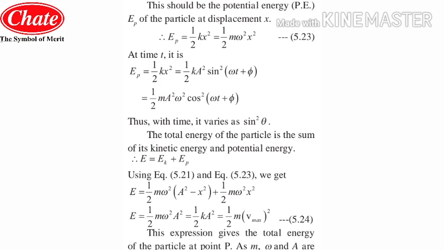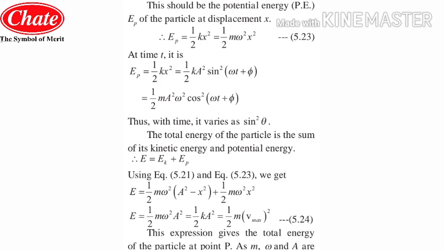Now we will add equations 5.21 and 5.23. We will get E is equal to half m omega square into (a square minus x square) plus half m omega square x square. If you add these, after the calculation, this will remain E is equal to half m omega square a square.